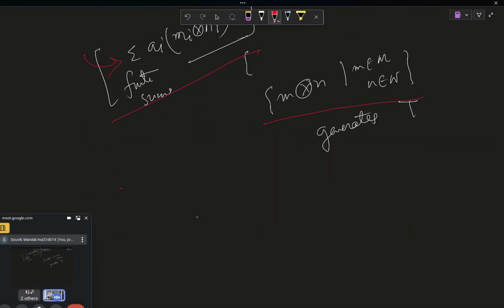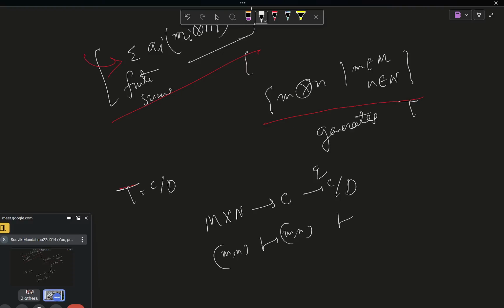And since T is nothing but C by D, from M cross N to C we have some obvious map, and from C to C by D we have the quotient map. So (m, n) goes to (m, n) goes to m tensor n, right?